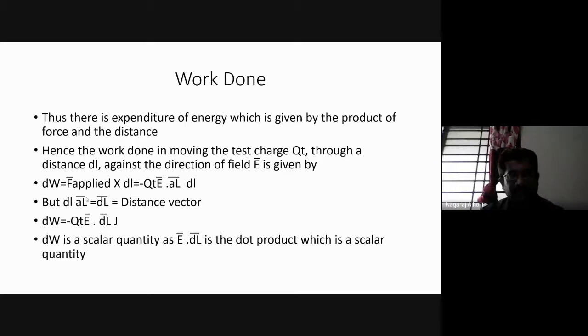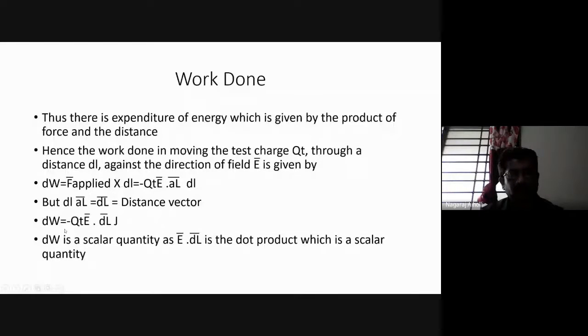Remember this formula. That is the distance vector.